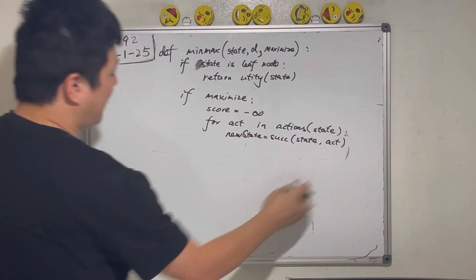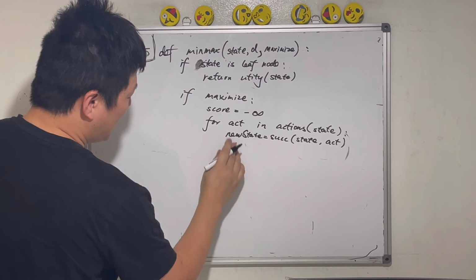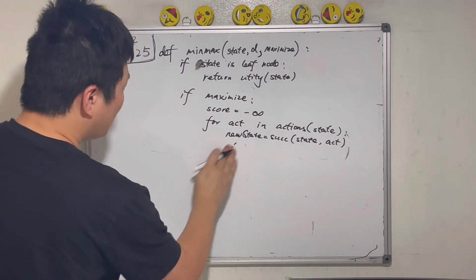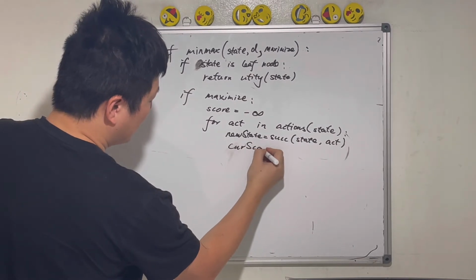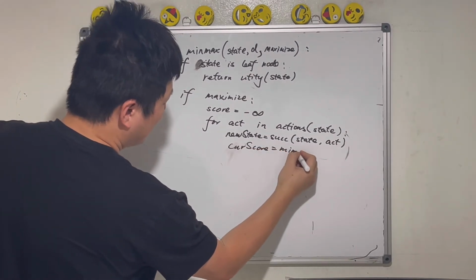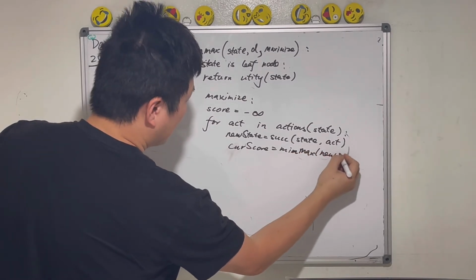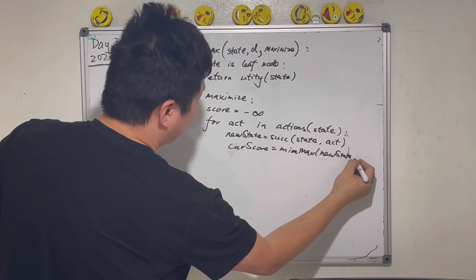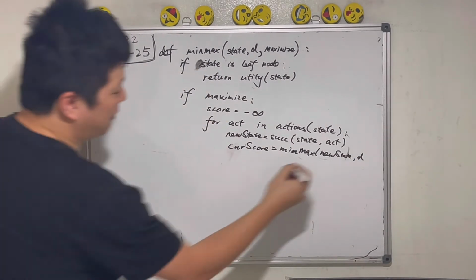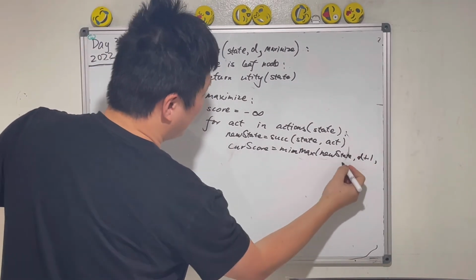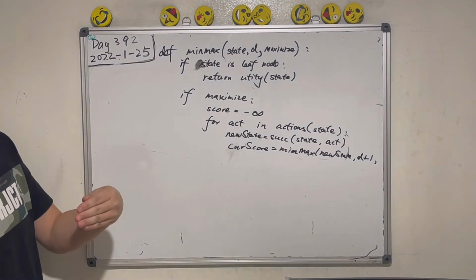Since we are maximizing, the current score equals minimax of the new state. We are going down, we make one move, so the depth will be plus 1 because this is the next level, and then the next one will be what?